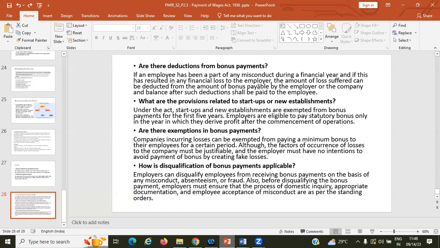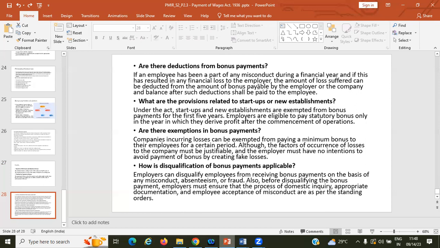Suppose one person has done some misconduct or misbehavior or something. As part of punishment, they have given something to the employee.